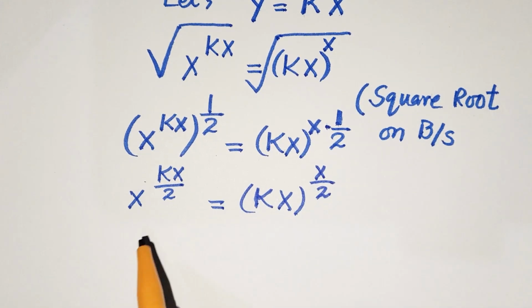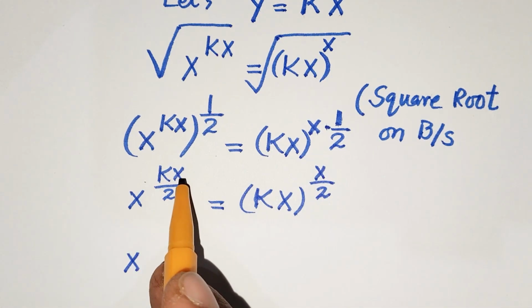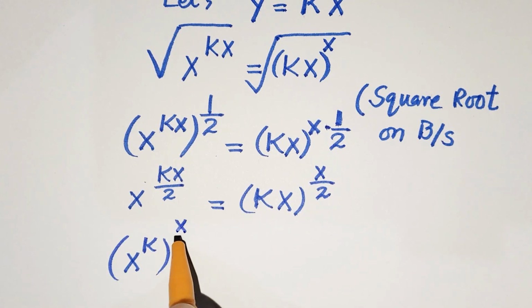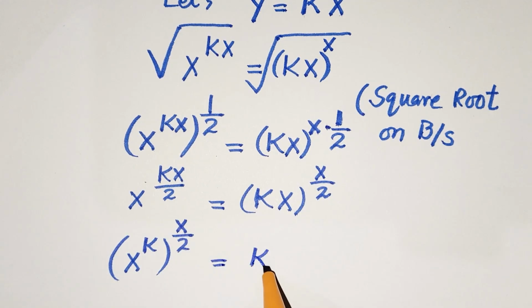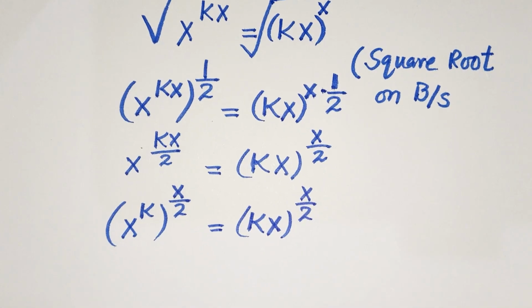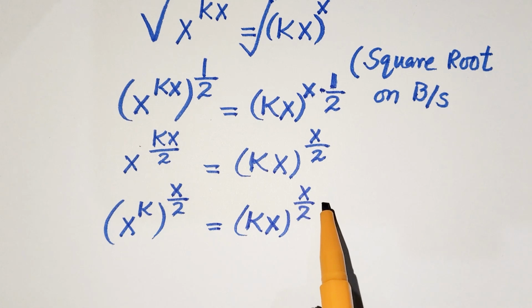So now if we write this using the exponential law, x raised to power k whole raised to power x over 2 is equal to k times x whole raised to power x over 2. Here we see that these exponents on both hand sides are equal, so we can cancel each other.